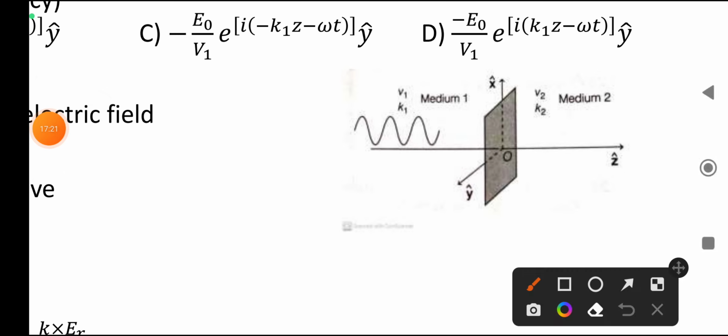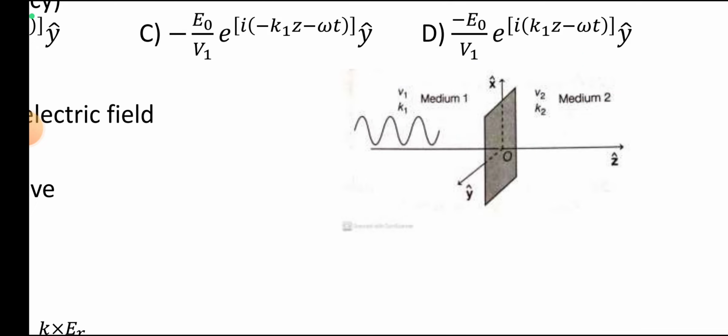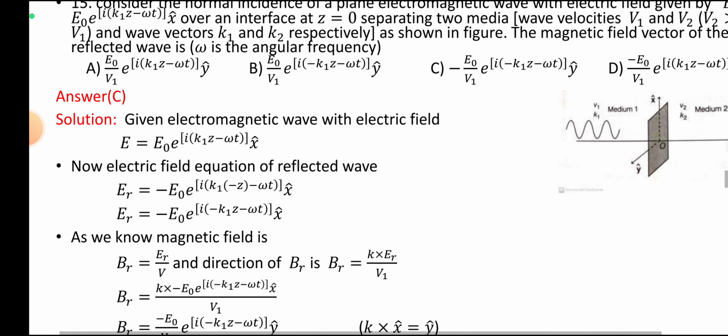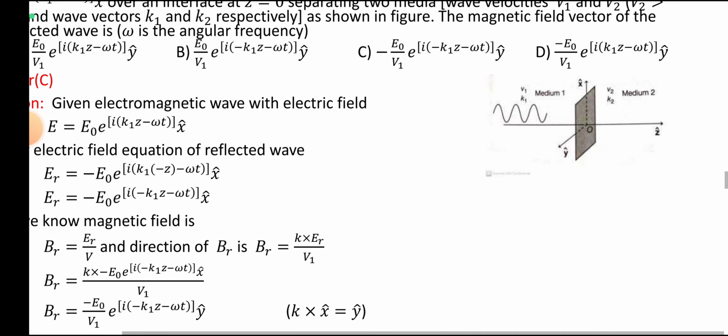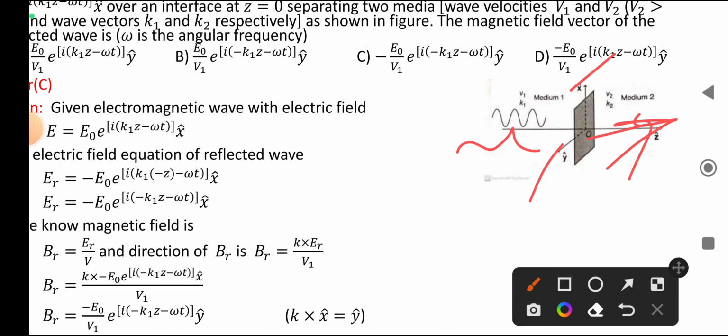There are two media, medium 1 and medium 2, with velocities and wave vectors v1, k1 on this side and v2, k2 on this side. It is a sheet, and electromagnetic waves are coming and reflecting. The waves are coming along the z direction, with y direction and x direction as shown.